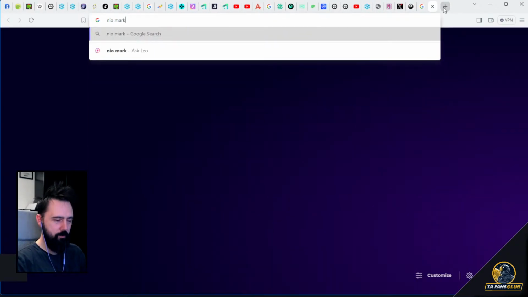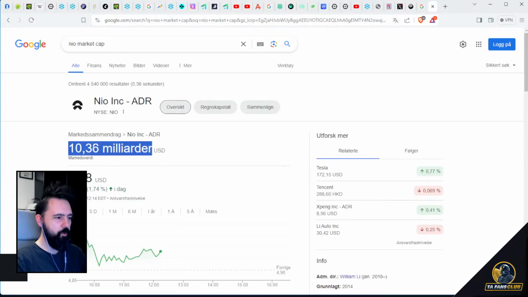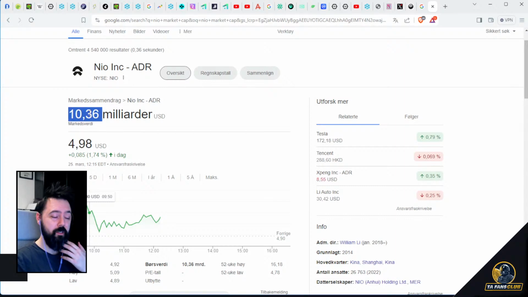If you go to Neo market cap, every single time I look at it, it's 10 point something billion. Even when the price was at 8, 9, it was still 10 billion. And I said, you know what? Let's go down to $5, because when it goes down to $5, it's gonna be a 5 billion market cap. But it's still a 10 billion market cap. So can somebody please explain to me why this thing is still a 10 billion market cap?